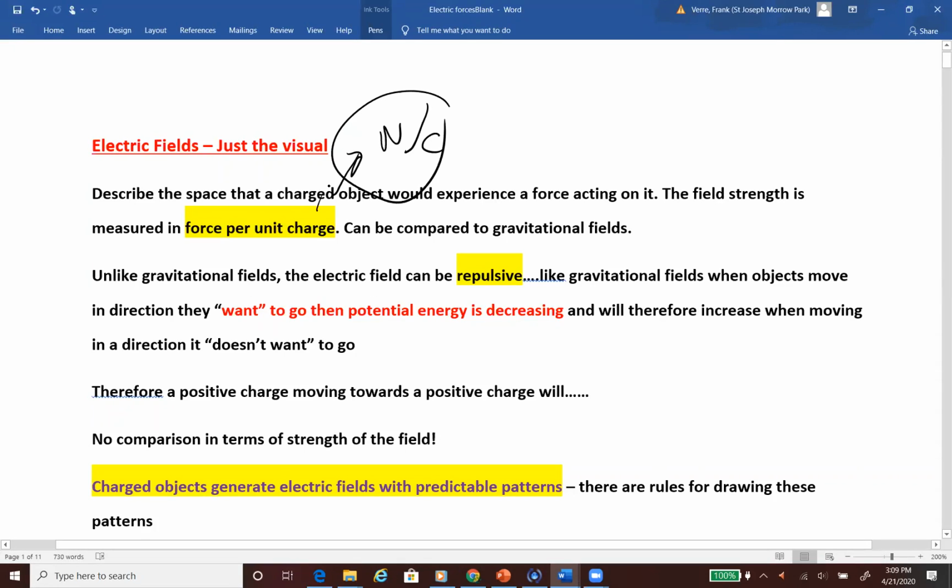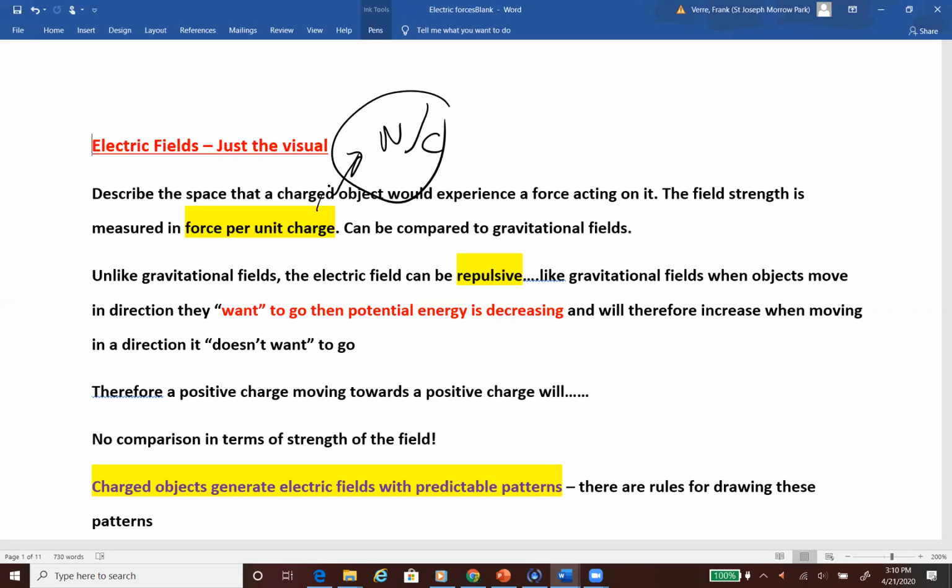Okay. The difference between the gravitational field and the electric field is, if you remember gravitational fields, we always think of gravity as an attractive force between matter. However, there is a bit of a conundrum because if you know your astronomy, you know that the universe is actually accelerating. So what's causing that acceleration is a bit of a mystery, something maybe called dark energy.